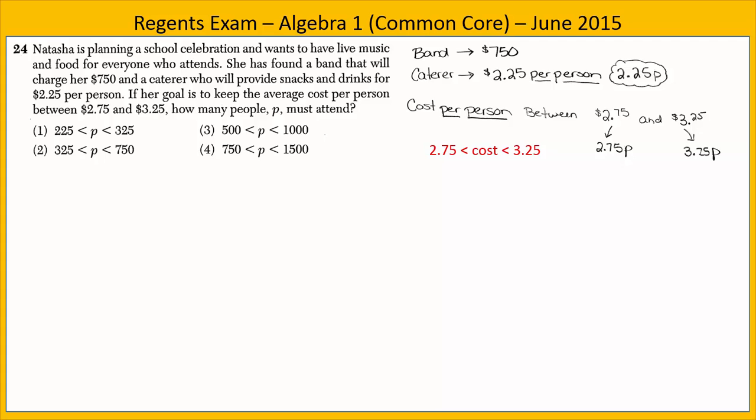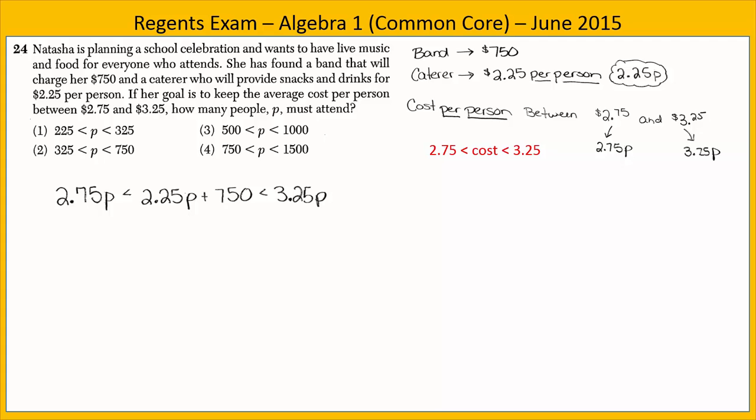Now, let's see if we can write our inequality. We want the cost to be between $2.75 per person and $3.25 per person. The cost is generated by the band, $750, plus the cost of catering, $2.25 per person. Now that we have our inequality written, we can go ahead and solve it.